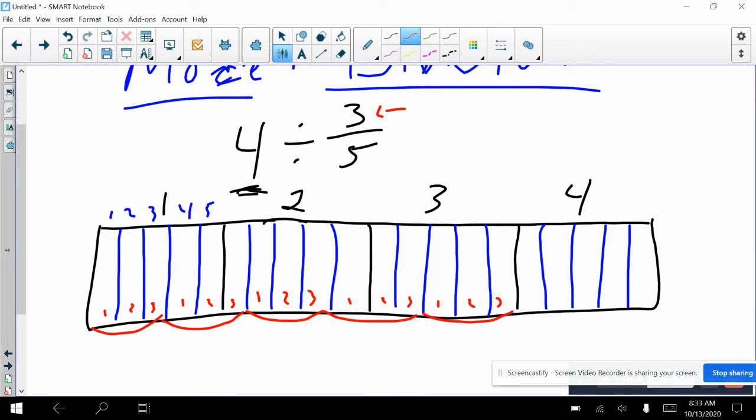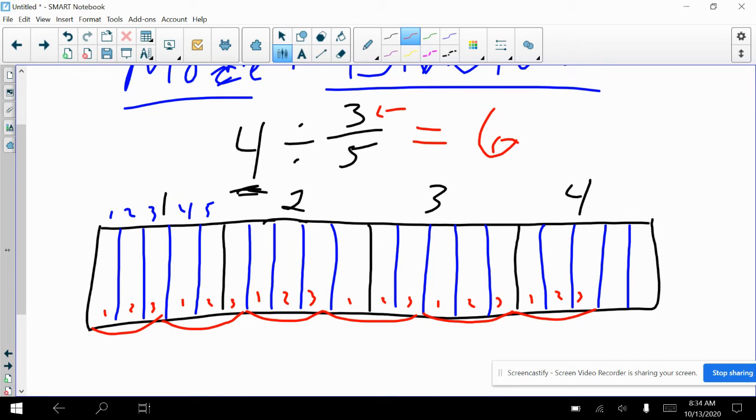Okay, as you can see at the end of our fraction strip, we don't have enough to make another group, do we? Okay, first question is, how many groups do we have? We have 6 groups.